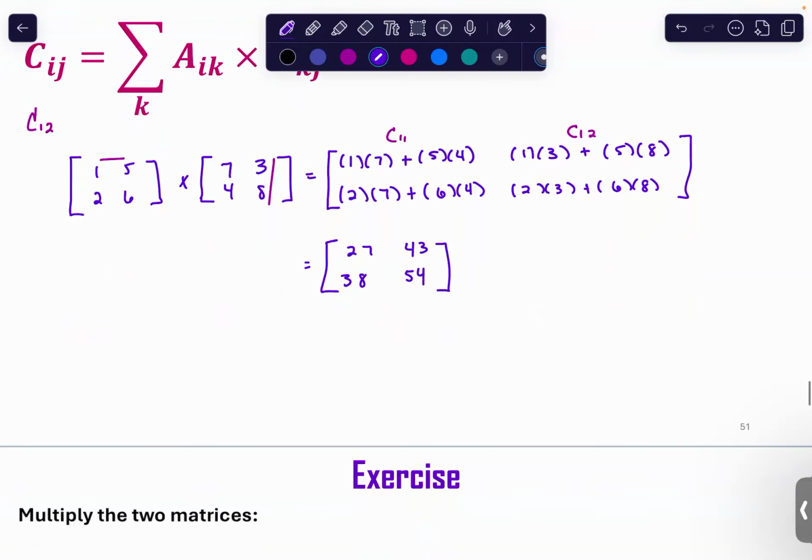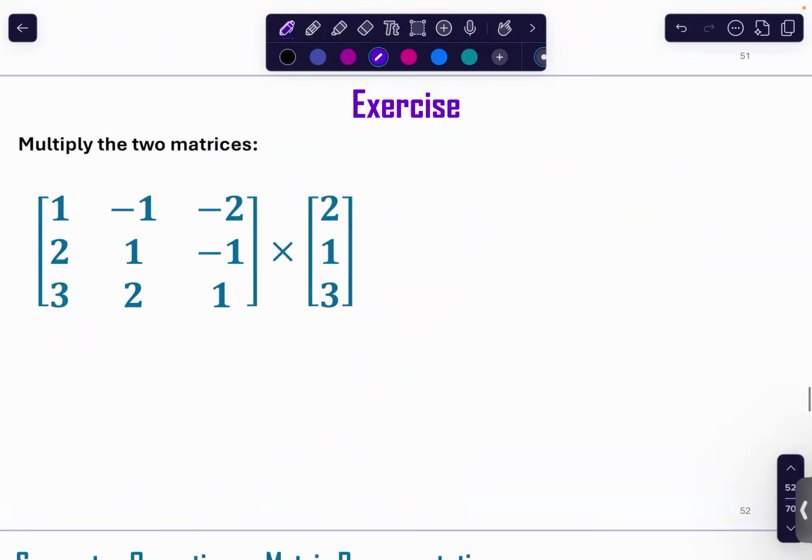Okay, let's see if you can do it. What do you think the matrix order of that first one is? 3 by 3. Okay, what about the second one? 3 by 1. Rows first.